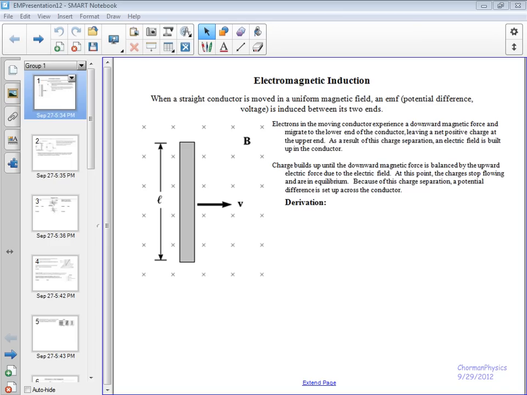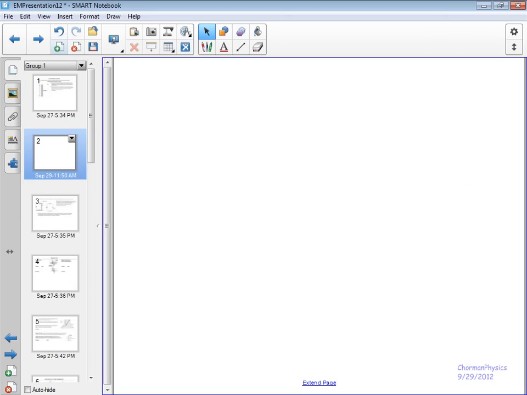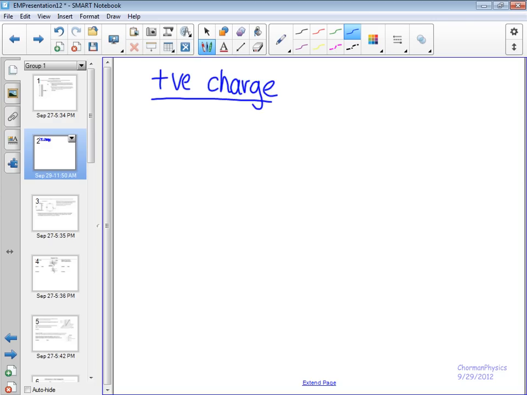Now, I don't know if you remember from when we studied magnetism that a moving charge gives rise to a magnetic field, and that a charge that moves in a magnetic field will experience a force. Both of these things are things that we studied. Now, when we deal with positive charge, we have the right-hand rule.